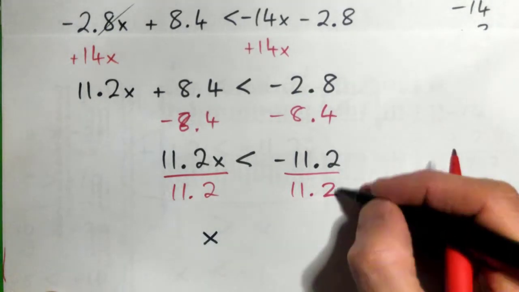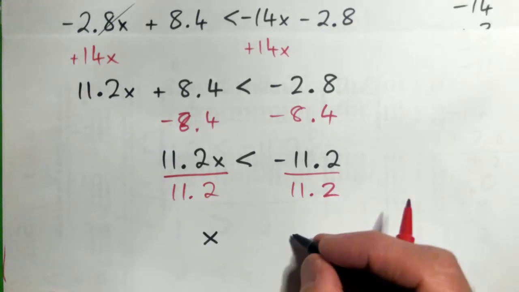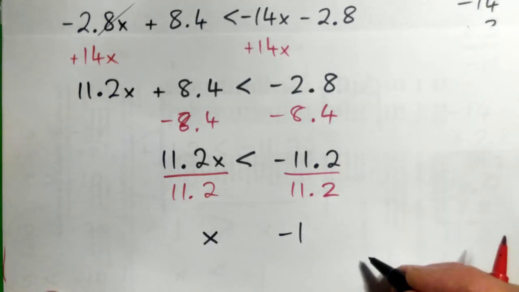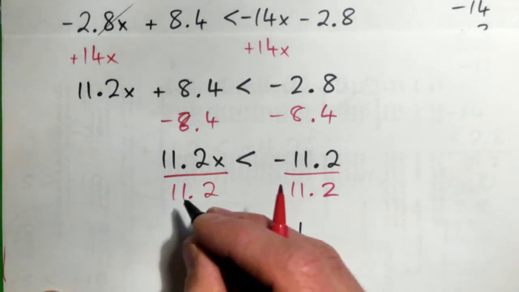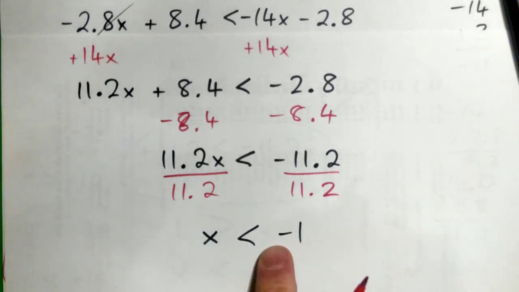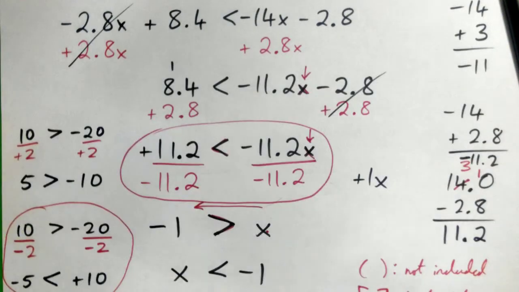And what do I get over here? And do I change the direction of the inequality? No, because I divided by a positive number. So that just stays the same. And is that what we got last time? X is less than negative 1. See that? x is less than negative 1.